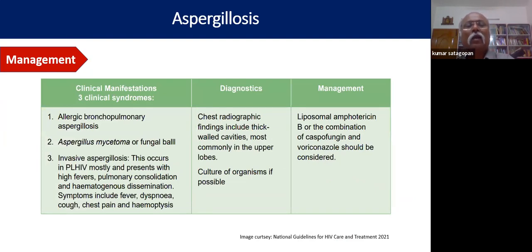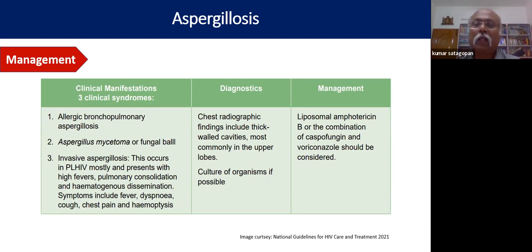So Aspergillus, another fungus. Usually in the immunocompromised it will be ABPA, or aspergilloma in a TB patient, where a cavity will grow a fungal ball. But these first two are not very serious, as you get them in HIV-negative individuals. Whereas invasive aspergillosis comes in HIV, very serious, where you have high fever, pulmonary consolidation, hematogenous dissemination, fever, dyspnea, and radiographic findings of thick-walled cavities, most commonly in the upper lobe, mimicking tuberculosis.